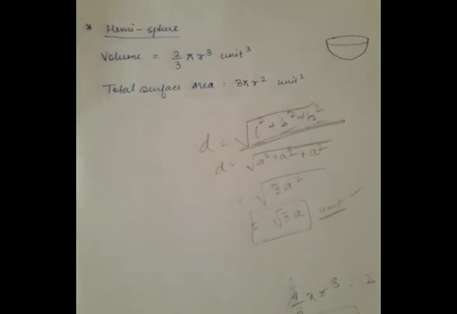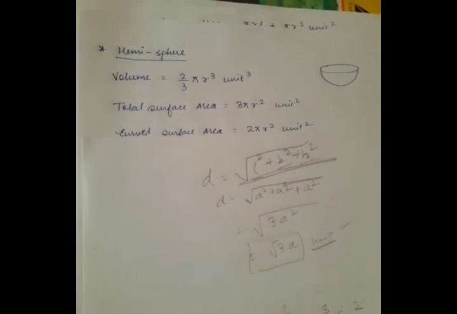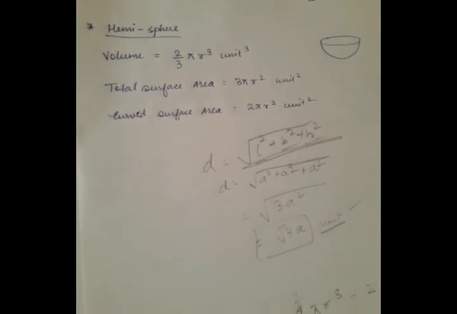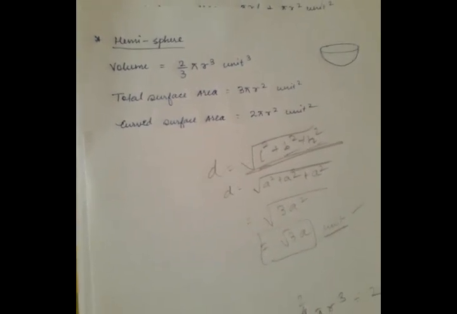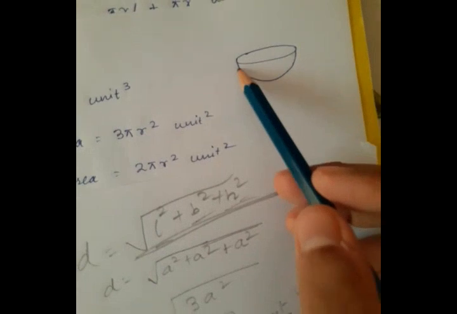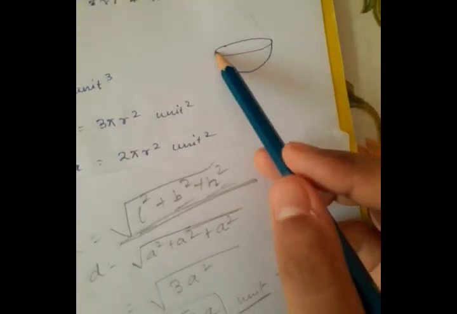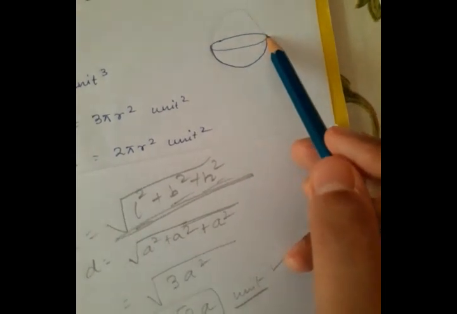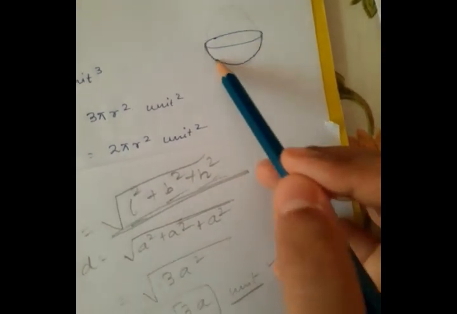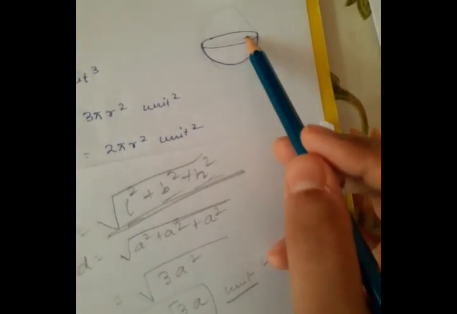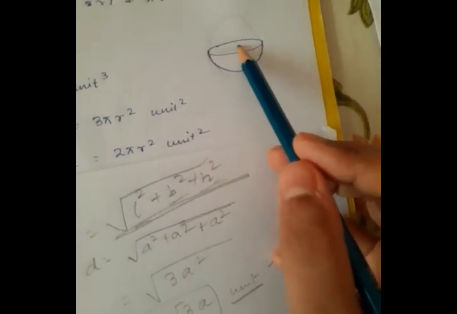And see the total surface area. Let us remember that for this hemisphere we have total surface area and curved surface area with different formulas and different values, because in a sphere we get a round one, that is the curve and the total, but here the curved surface area is this part, and if we add this circular part, then it is the total surface area.